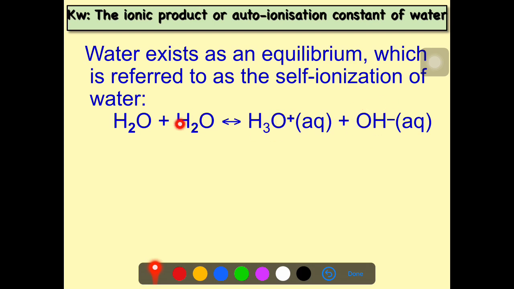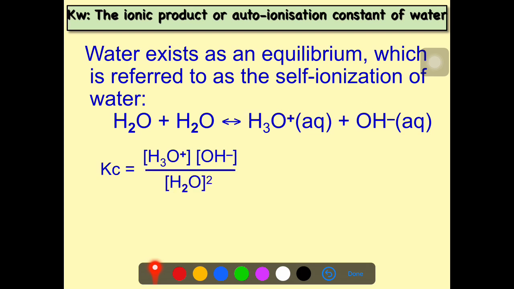So basically one of the water molecules dissociated to form H plus ion and OH minus ion, and that H plus ion reacted with the other water molecule to form hydronium ions. Now the equilibrium constant of this reaction can be represented as the product of concentration of the products divided by concentration of water raised to 2.